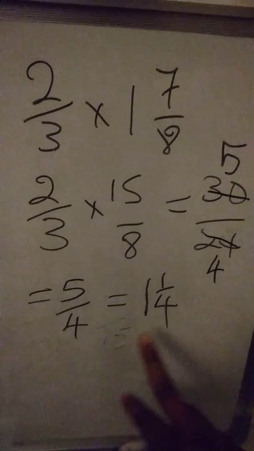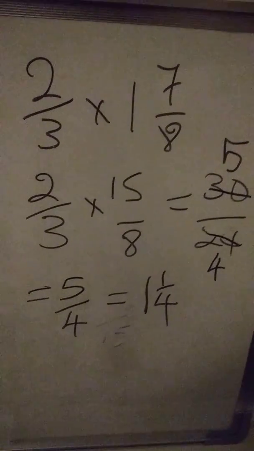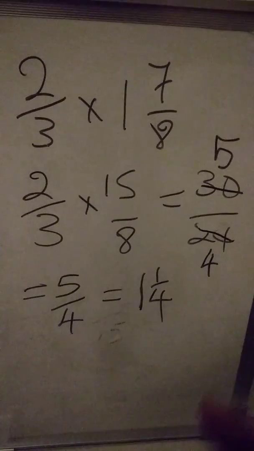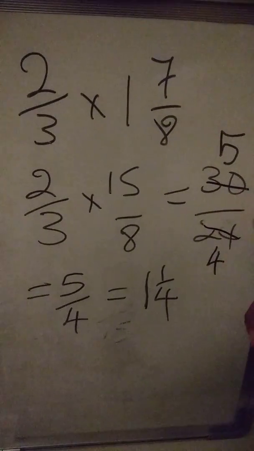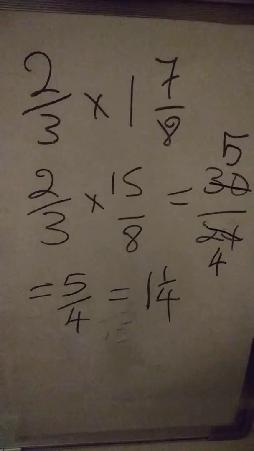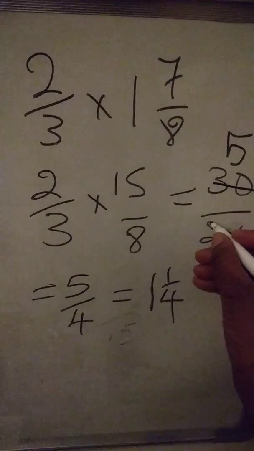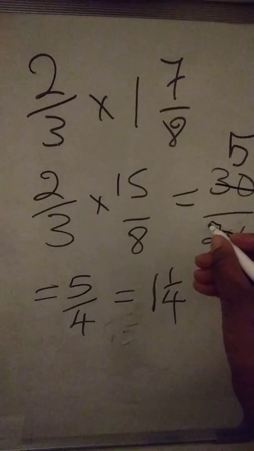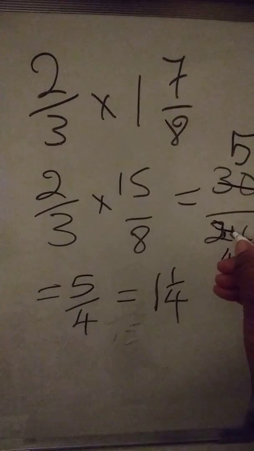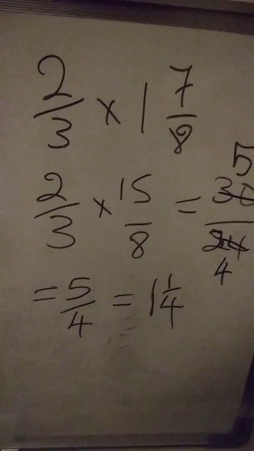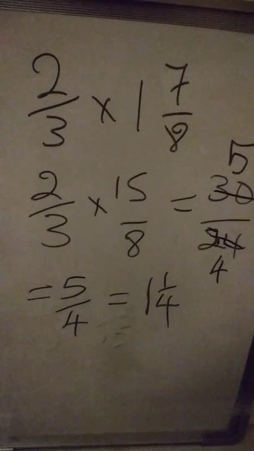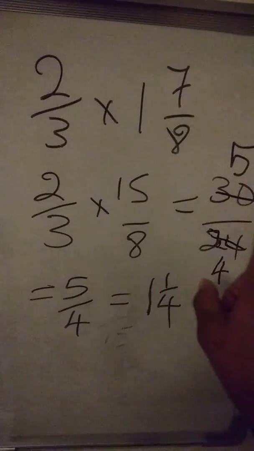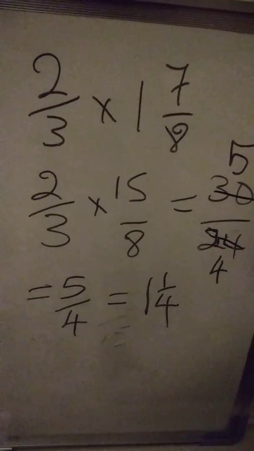So our answer is 1 1/4, which is the same answer. If you choose to multiply through and then cancel, it's fine. 3 times 8 is 24, 2 times 15 is 30, and you cancel from here.